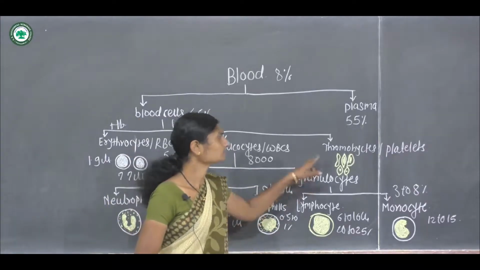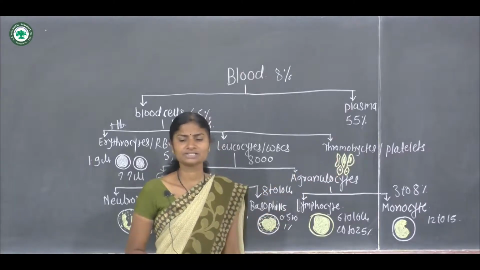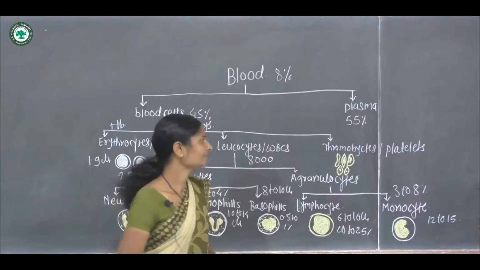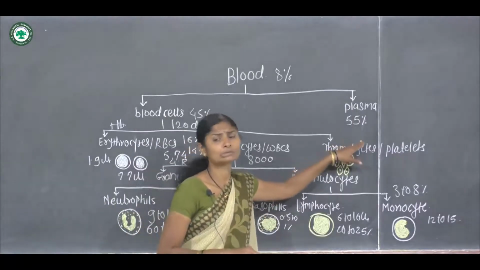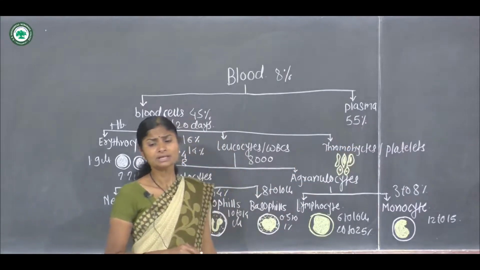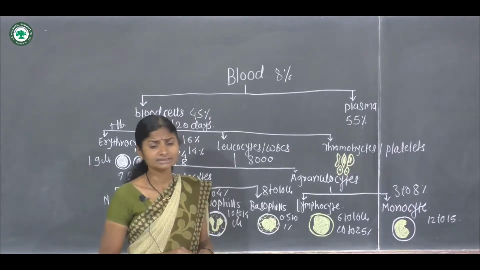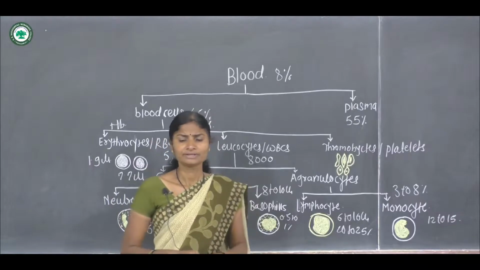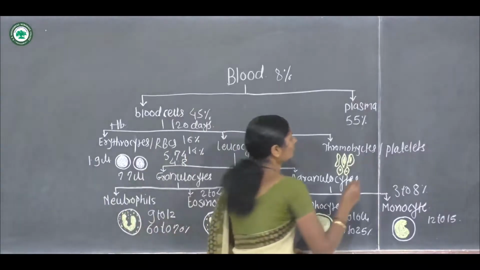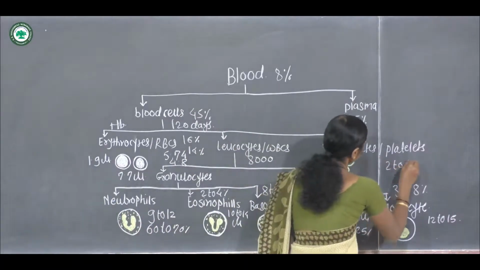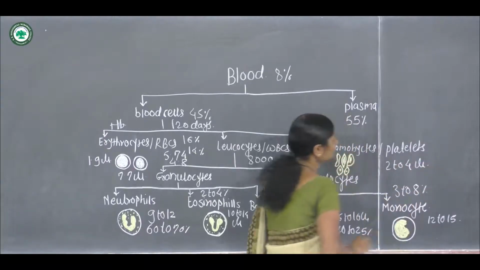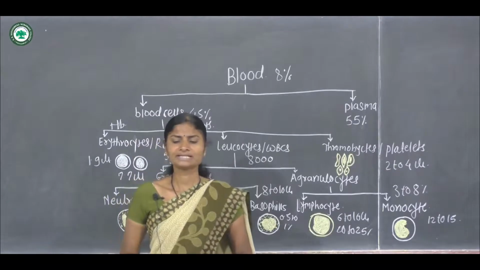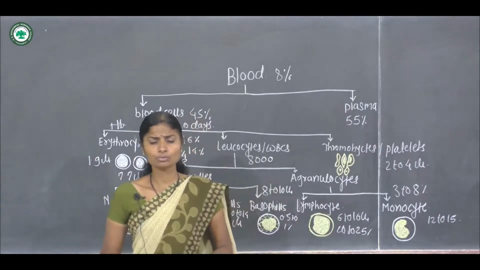Next type is thrombocytes, also called platelets. Platelets help in blood clotting. They are minute colorless bodies with a diameter of 2 to 4 micron, and their shape is round or ovoid.